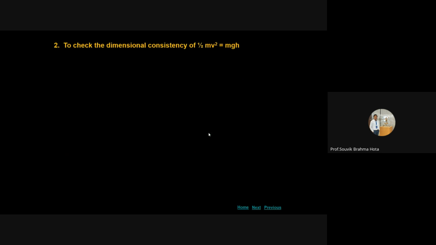To check the dimensional consistency of half mv square is equal to mgh: half mv square is kinetic energy, mgh is potential energy, both of them are energy. So first, m is capital M to the power 1. You can write the 1 or omit it.